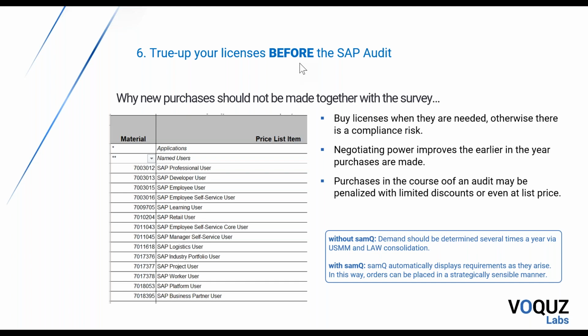Let's say a client has a 50% discount as standard, but in the mitigation proposal, SAP would be offering a proposal based on list prices because they feel entitled to do so because you didn't show up proactively, and they don't feel compelled to give you the standard discounts. This is why we say true up your licenses before SAP comes with an audit. This is important. Be proactive in that.